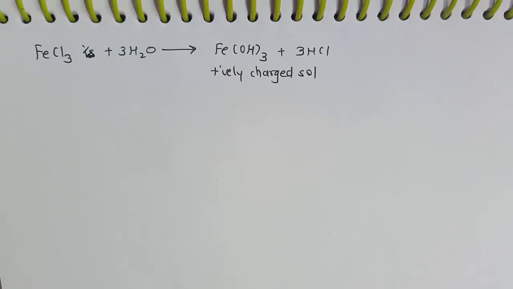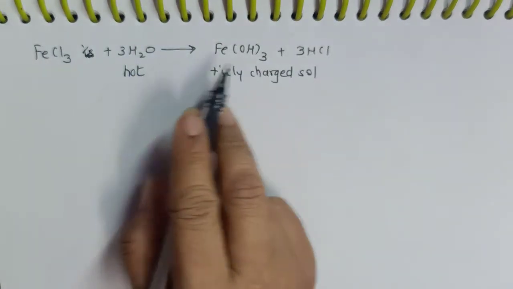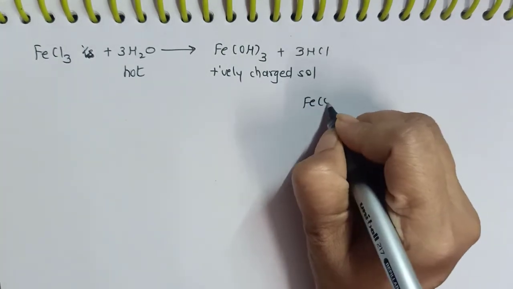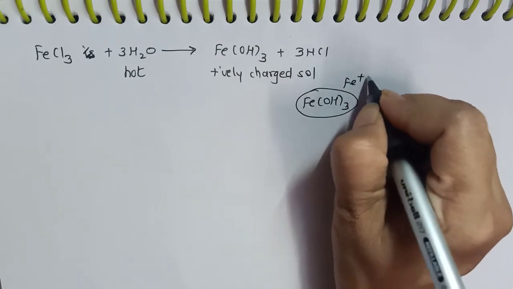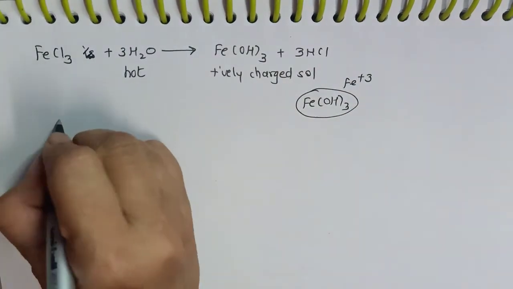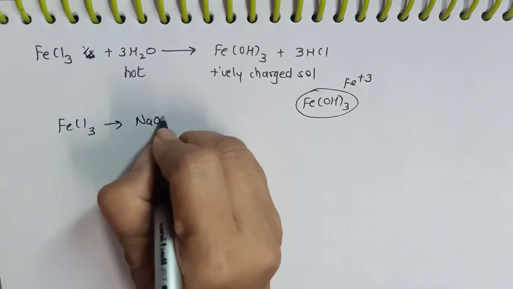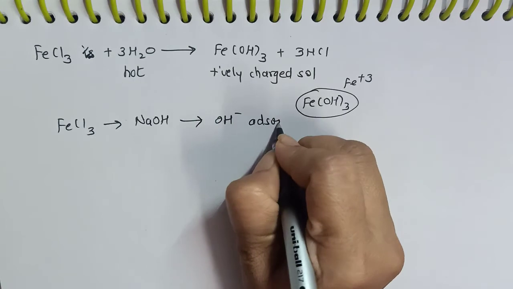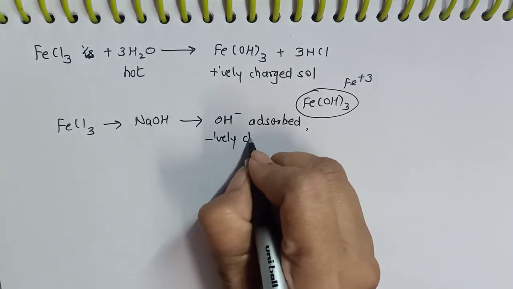The next example is the one which you have already discussed 2-3 times: when ferric chloride is treated with hot water, we get a positively charged sol of Fe(OH)3, because Fe(OH)3 preferentially adsorbs Fe3+. On the other hand, when FeCl3 is added to sodium hydroxide, then OH- ion gets adsorbed and we get a negatively charged sol.